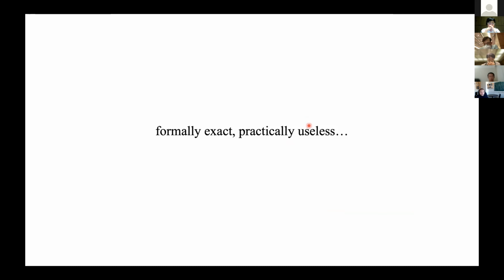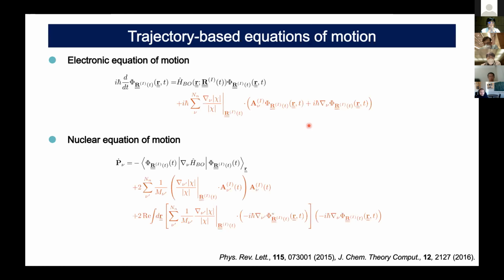After some tedious derivations, what you obtain is this kind of coupled equations. From several approximations of the electron-nuclear correlation operators, you obtain these two coupled equations. Without this red part, the equation of motion is exactly the same as the LM-fast dynamics. However, if we put in the quantum momentum part, we have this additional term here.